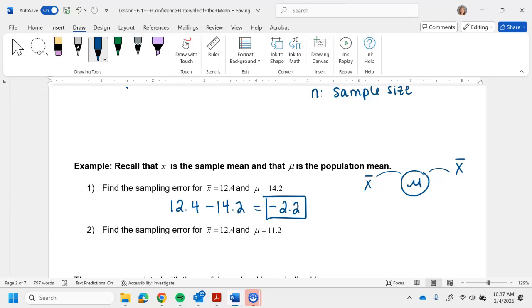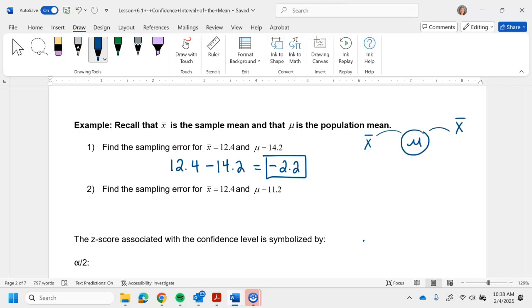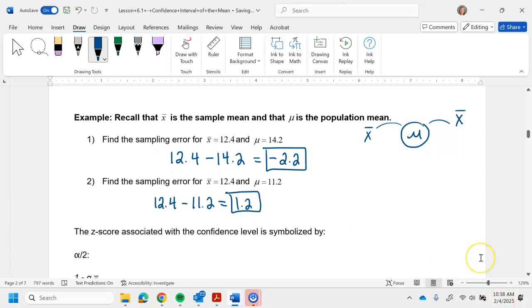So my sample mean was a little over 2 below where my actual population mean was. So that was a little bit of an error there. Now you could also have that your sample error could be positive, which means that you overestimated, or the values that you got from your sample were a little bit higher than what the mean was. So this one was 1.2. But that's all right.